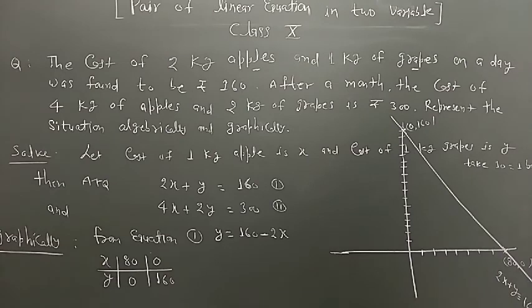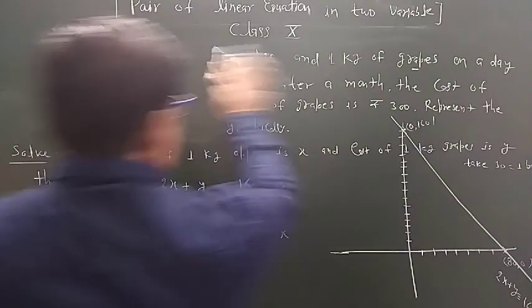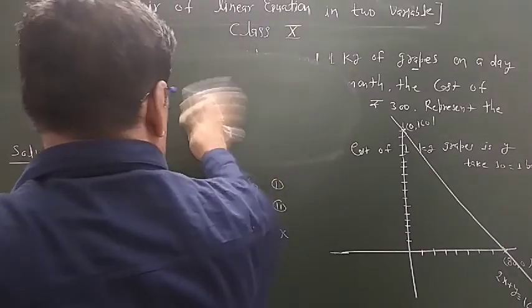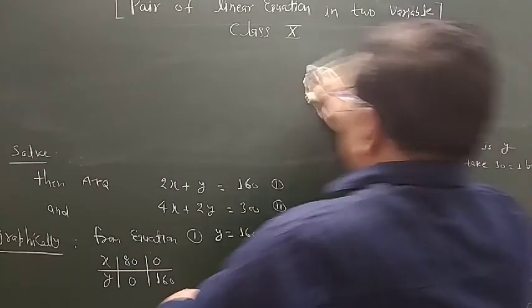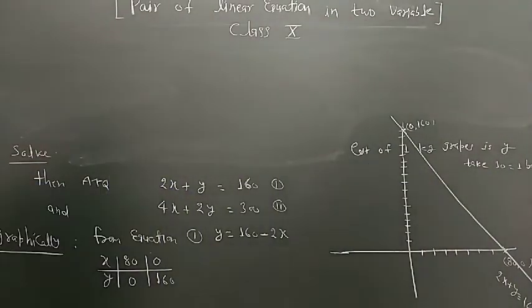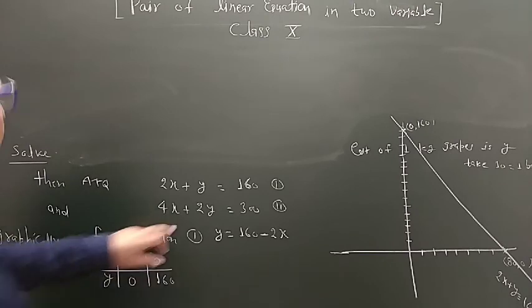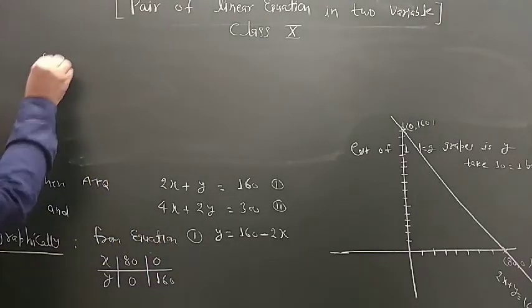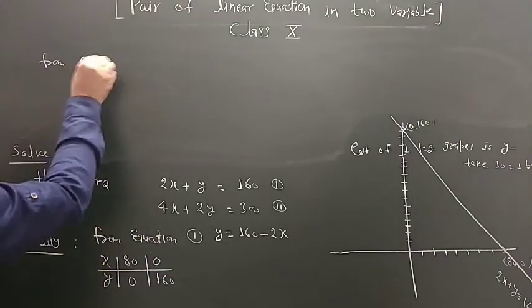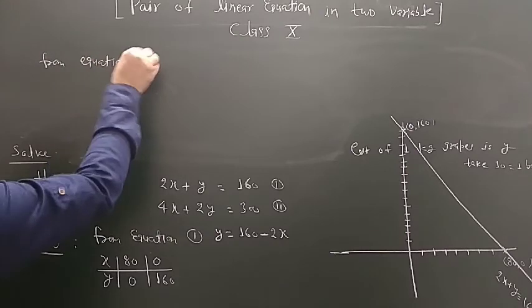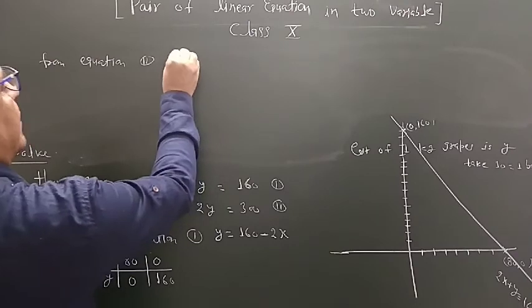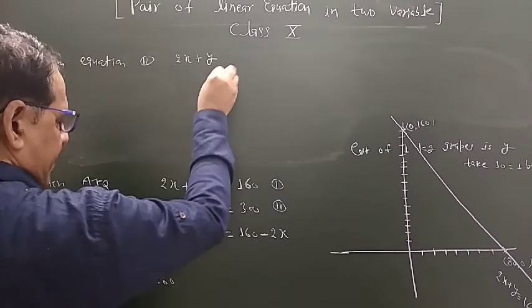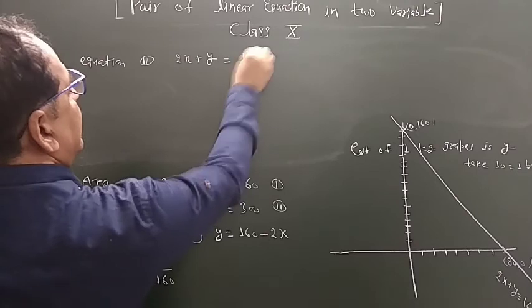Now from the second equation, 4x plus 2y equal to 300.